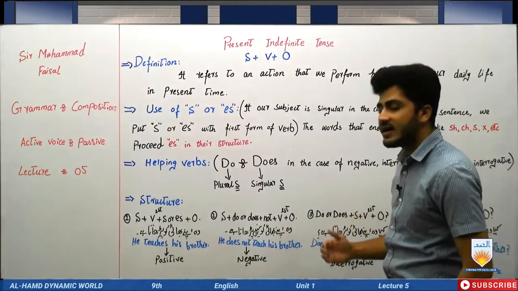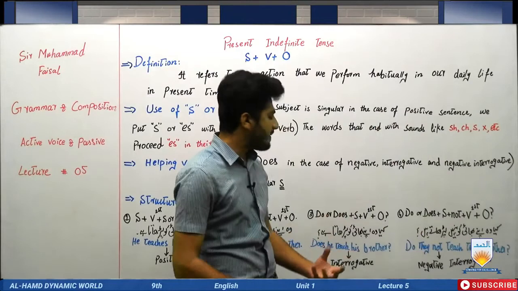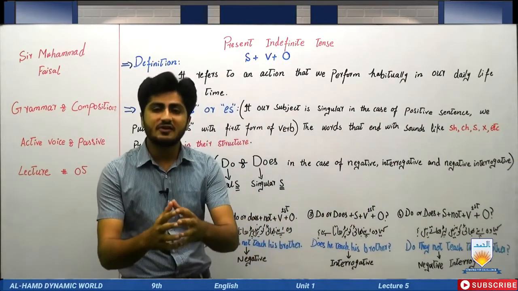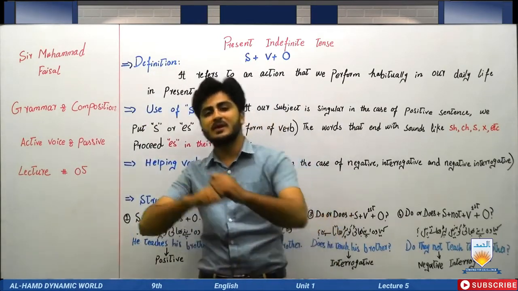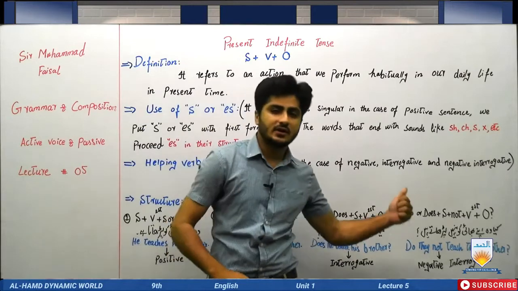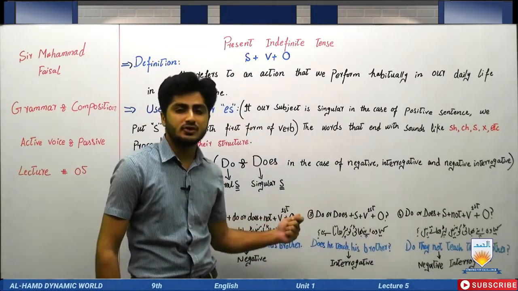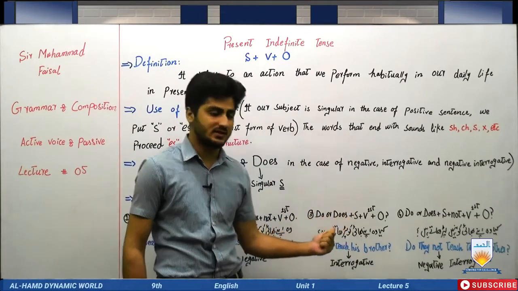Now, third form of sentence. Third form of sentence is in fact interrogative. In the case of interrogative sentence, we always put helping verb in the beginning of the sentence. As you may observe on the whiteboard, do and does are being put in the beginning of the sentence in the case of interrogative sentence.